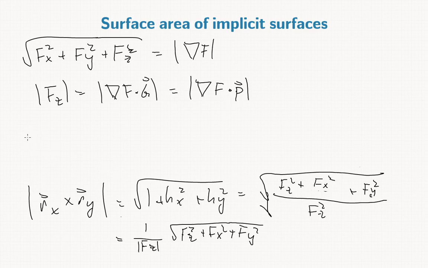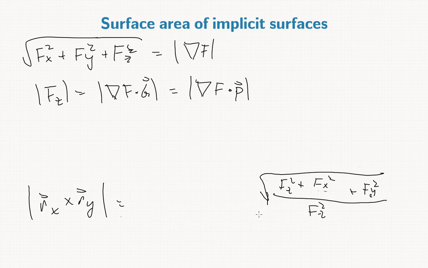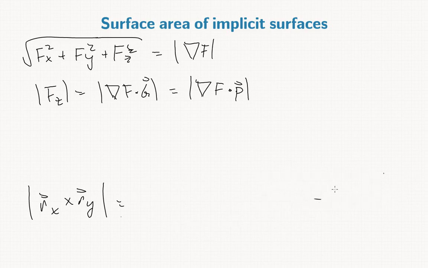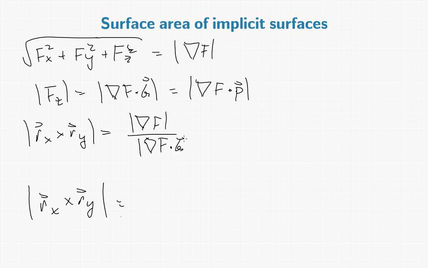So our formula for the magnitude of this cross product, we can simplify to, write it up here, the magnitude of Rx cross Ry is the magnitude of nabla f over the absolute value of del f dot k.